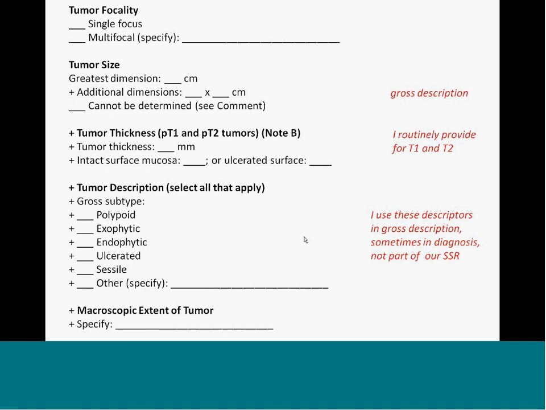I think that tumor thickness is probably a more accurate term than tumor depth, because it's rare for the tumor to be even with respect to the surrounding mucosa. Usually they're heaped up, or sometimes they're ulcerated. So the thickness is really a more accurate description of what you're measuring.